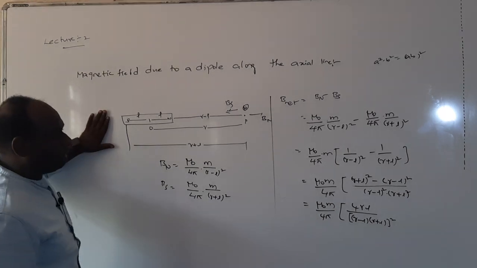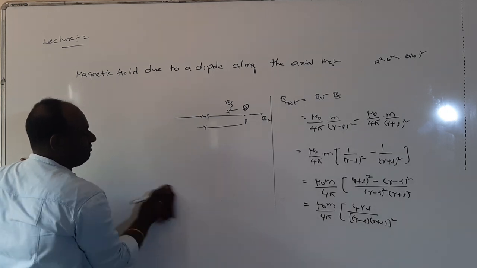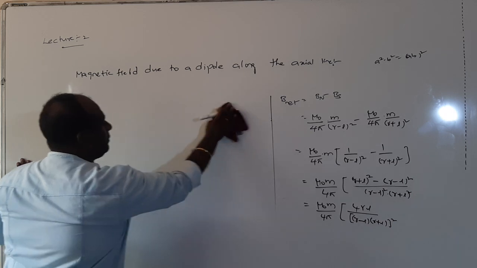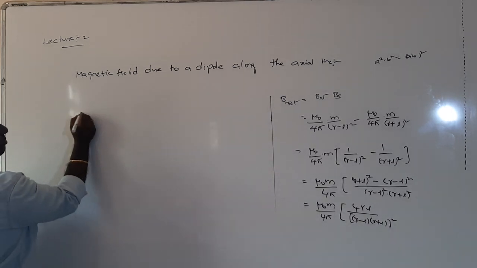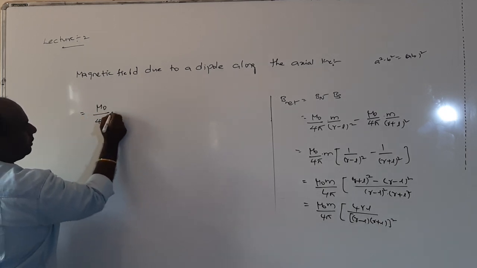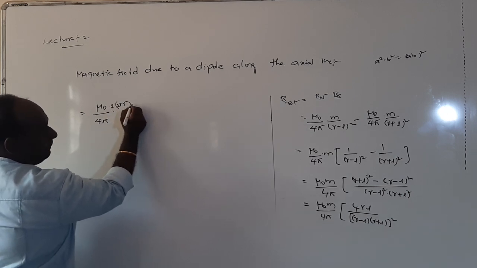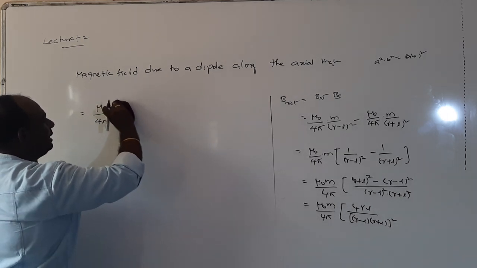So here I am going to rub this diagram. Then finally, what you will get? Mu naught by 4 pi, take 4m, this cancels. So I am going to write 2 into 2m; here I am doing only the rearrangement.